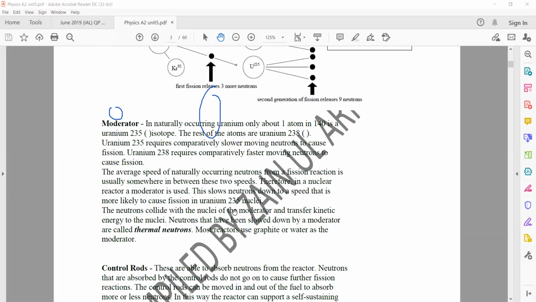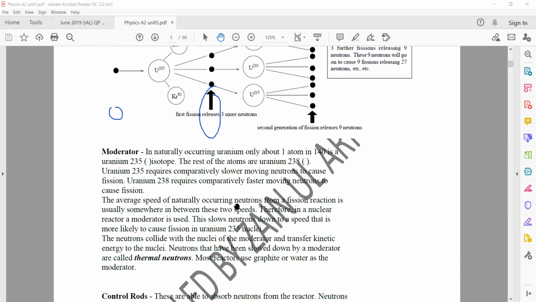To use a moderator, we can also use hard water, because in naturally occurring uranium, only about one atom in a hundred is uranium 235 and most of them are 238, and 238 requires more energy as compared to 235.